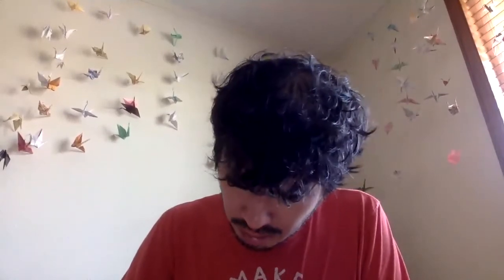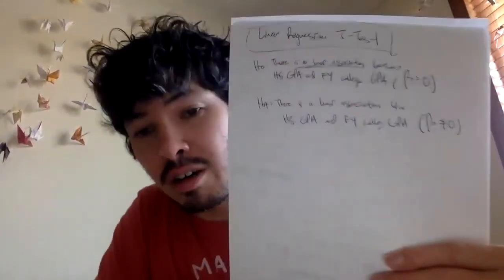So I'm going to say there is a linear association, keep out positive or negative. Sometimes it'll ask for a positive or negative, but the alternative: there is a linear association between high school GPA and freshman year college GPA. So in parentheses, the slope does not equal 0.